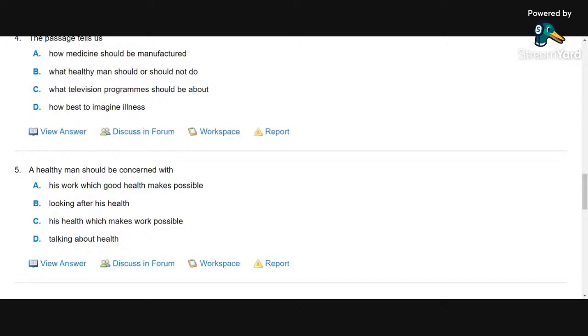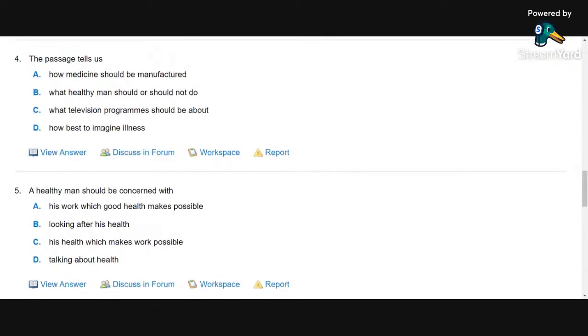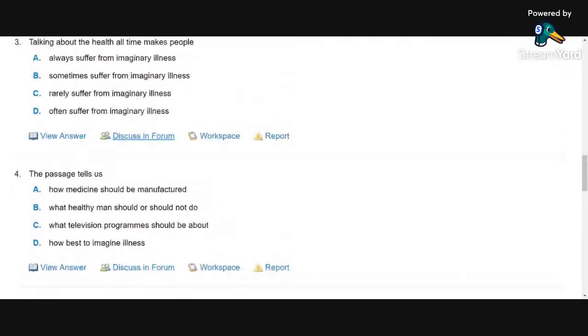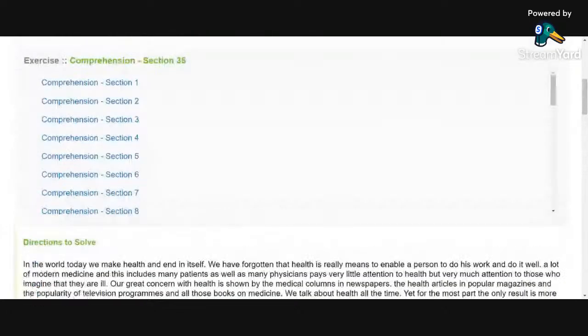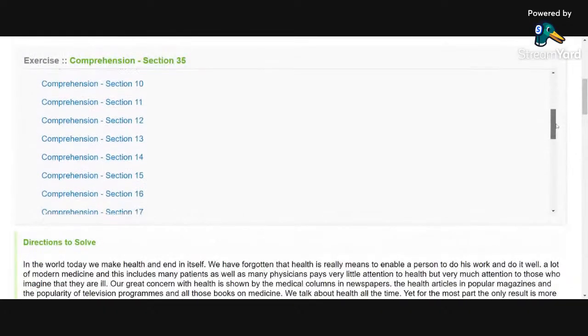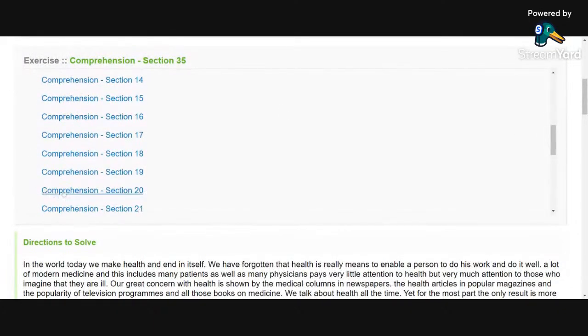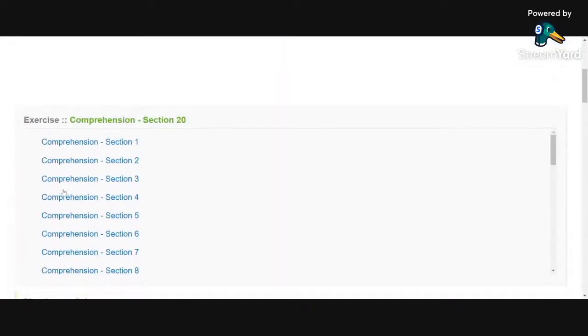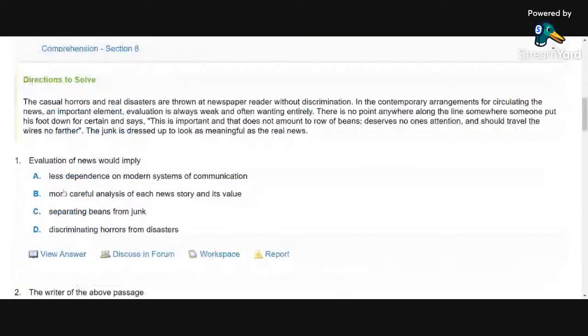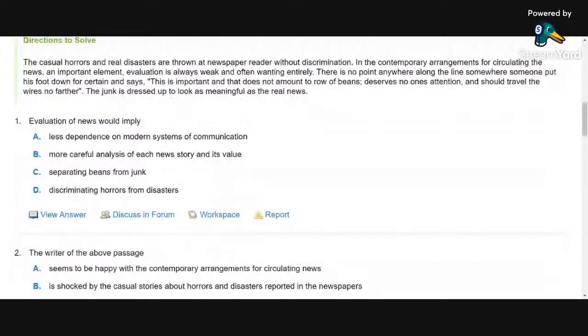Okay, this one is nice. Wait, the 20th one. Okay, it's a smaller one. Just one minute. We should wind this up at 2:25 or 2:30. Just read the passage. We'll start right away.